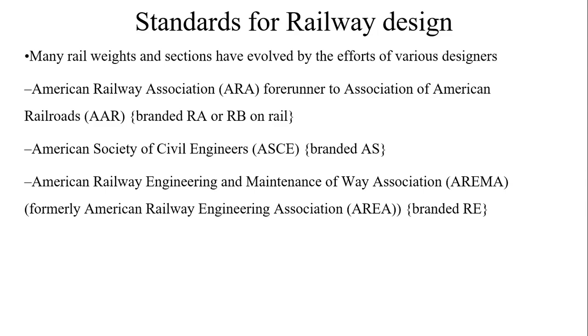standards that are being followed, just like we have the H2 design guidelines for pavement design analysis, H2 1998. In railways, we have AREMA, the American Railway Engineering and Maintenance Association, formerly known as AREA. Rail sections adopted from this manual are branded as RE.